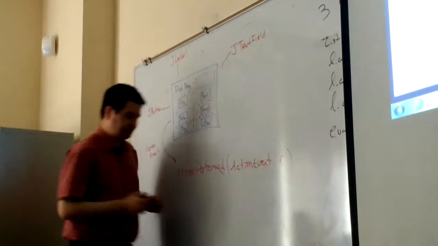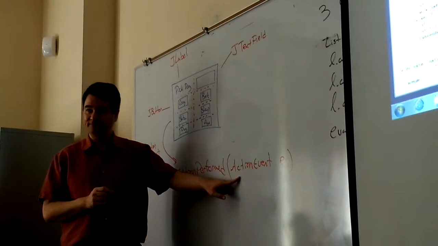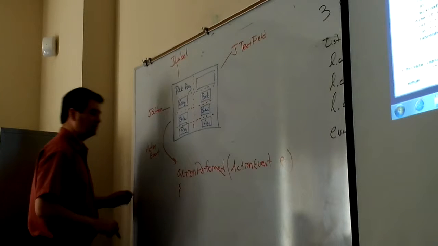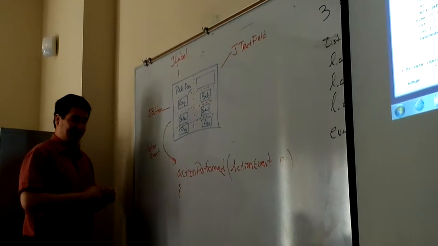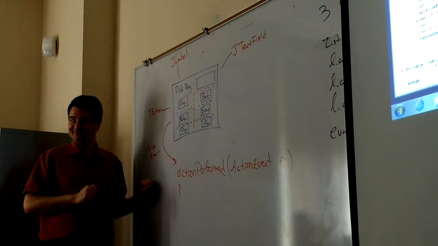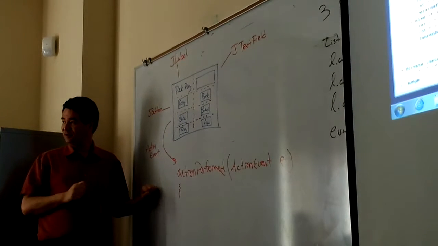We'll call it e. So you will get an object of type ActionEvent, and inside your method, you can call it e. What you don't get is what button was clicked. You just get an event that says a button was clicked. And now it's up to you to figure out what button it was.